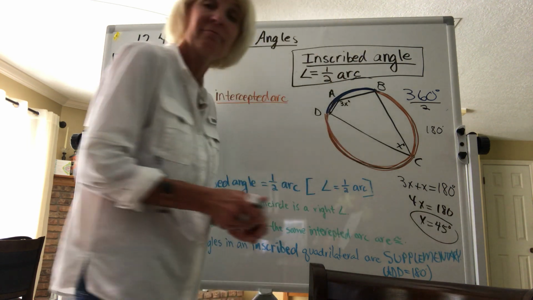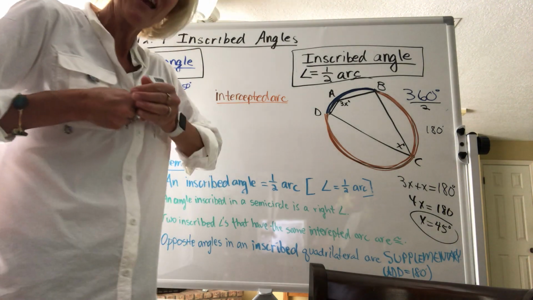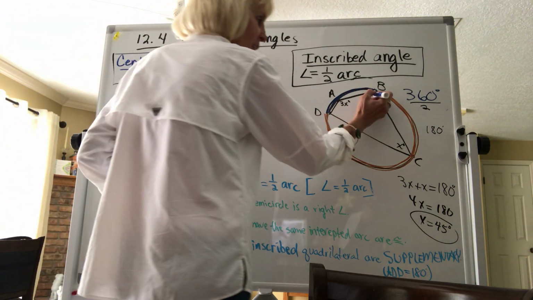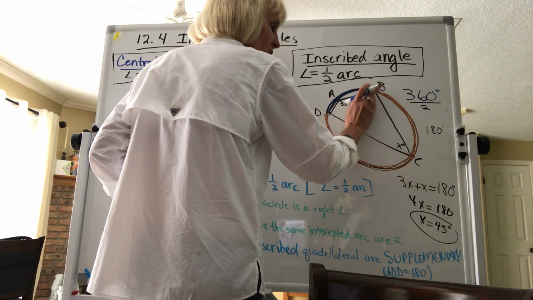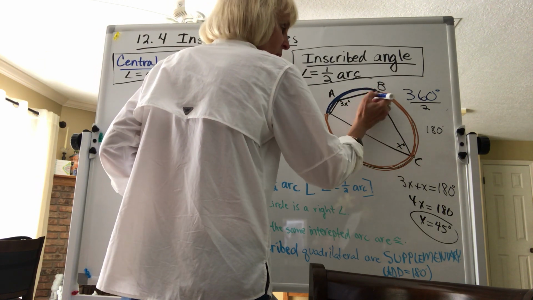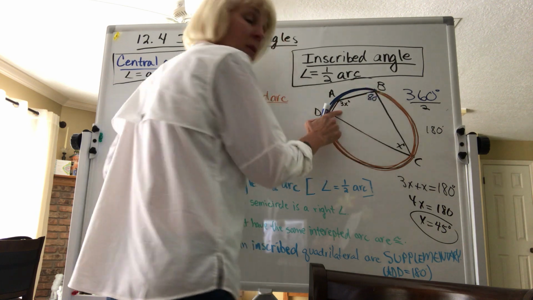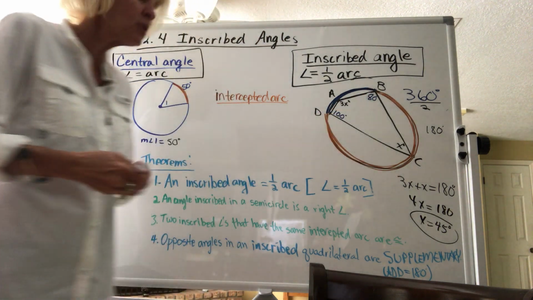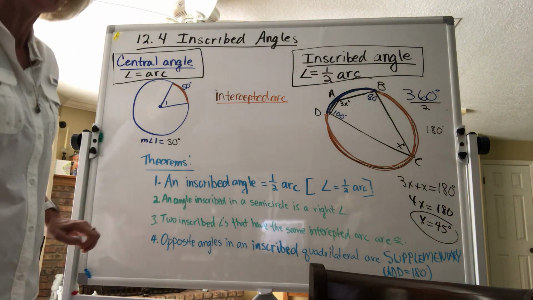And that would be my angle. Okay, would there be any other angles that are supplementary? You got it, it's exactly right. So if this angle, let's just say it was 80 degrees here, what would this one have to be? 100 degrees, exactly. So these are our four theorems that we're going to be looking at here today.